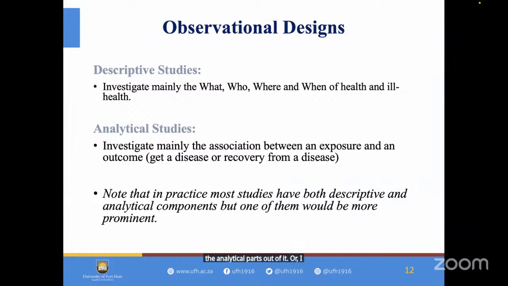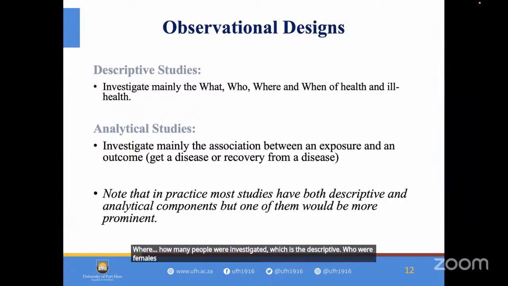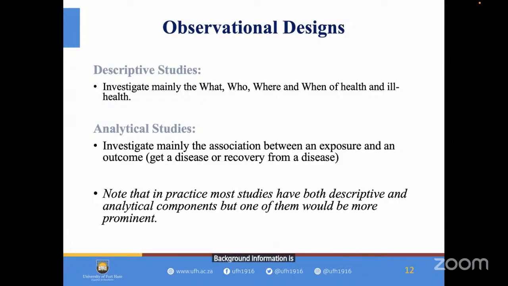Or I've never seen any study that would just say there's an association between an exposure and an outcome and didn't tell us about how many people were investigated, which is the descriptive, who were females or male, who were educated or not educated. Giving us that kind of background information is important. So, in essence, both descriptive and analytical studies go hand in hand together.